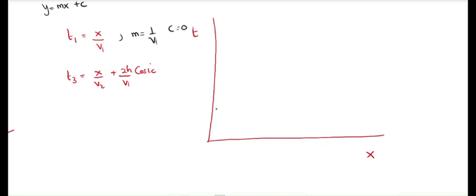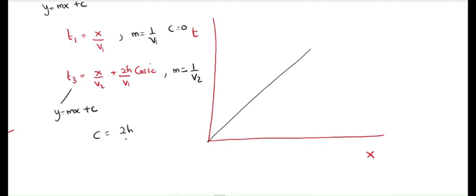Our intercept is 0, so the line goes like this, right? Then for this one, when you compare it with y is equal to mx plus c, this is our y, this is our x, so here our gradient is equal to 1 over V2, right? Then our c is equal to 2H over V1 plus IC. So let's assume it's somewhere here, right?